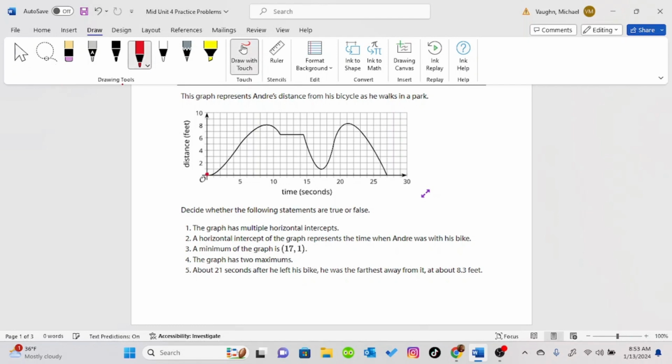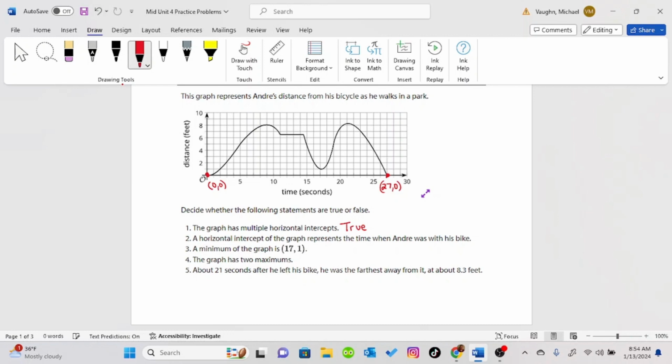So we can say one is at 0, 0, and the other horizontal intercept is at 27, 0. So this one would be true because we have a horizontal intercept when Andre first starts to leave his bike, and we have a second horizontal intercept when Andre returns to his bike.